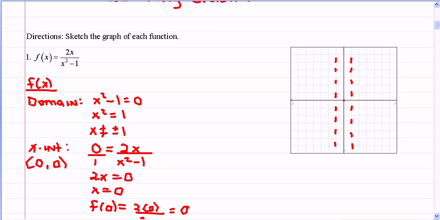And the last thing I have is a horizontal asymptote at y equals 0. Since 0, 0 is an intercept, this graph will touch the horizontal asymptote. Graphs can touch horizontal asymptotes, but they can't touch vertical asymptotes because vertical asymptotes are not in the function's domain.